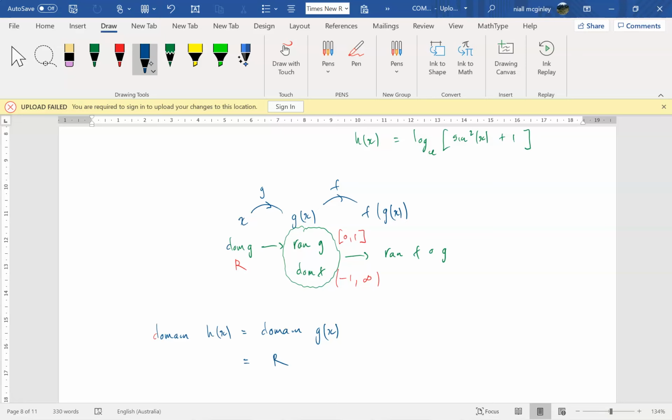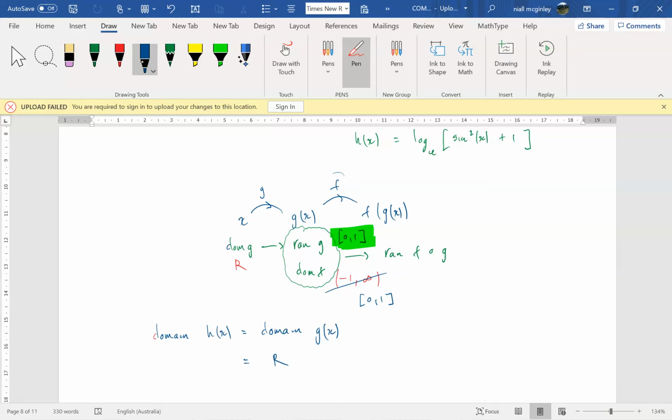The range, however, is a little bit more difficult. We just need to think of it as: these are the values that you're getting out of the function g. These are the only values you're going to use for the second part, f. So this domain is going to be reduced to just values between 0 and 1.